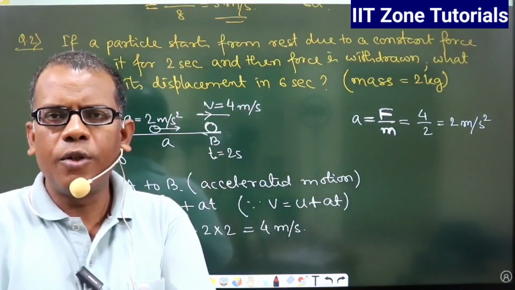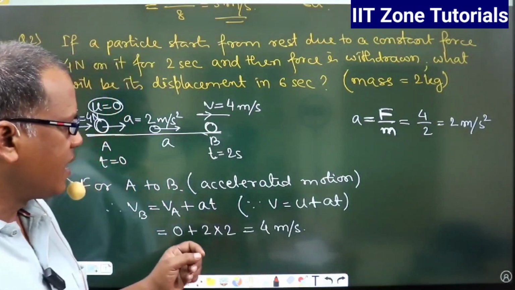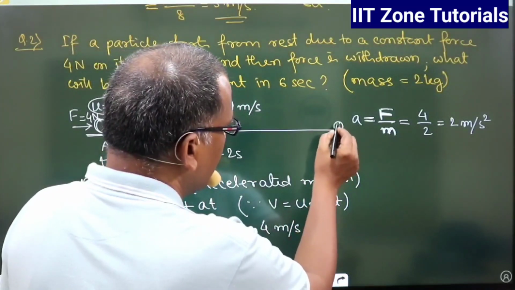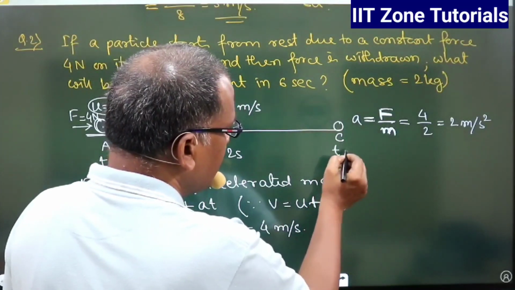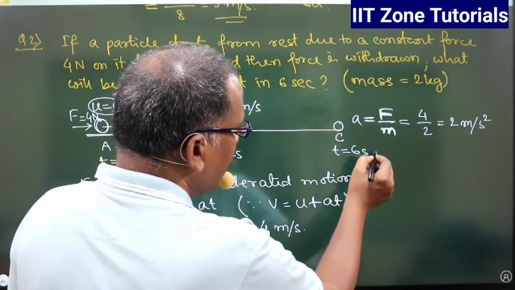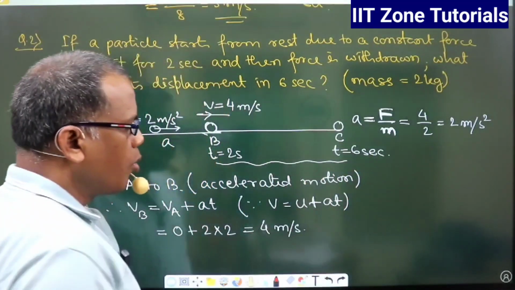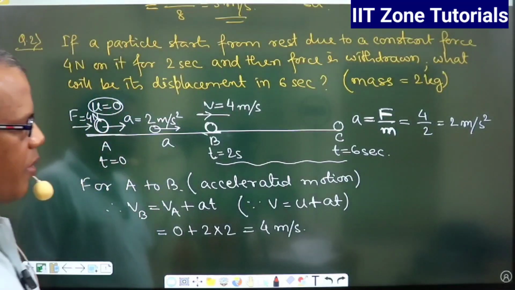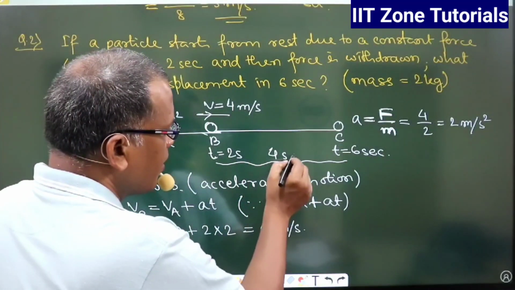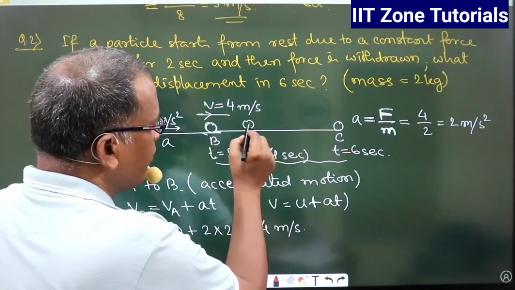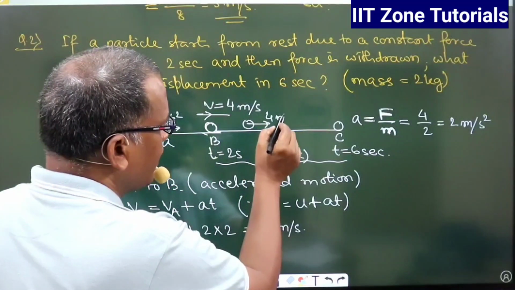Acceleration becomes 0 for which instant? From t equal to 2 seconds till position C of the journey, which is at 6 seconds, that is for the duration of these 4 seconds. This 4 second interval will be continued with the velocity of 4 meter per second.